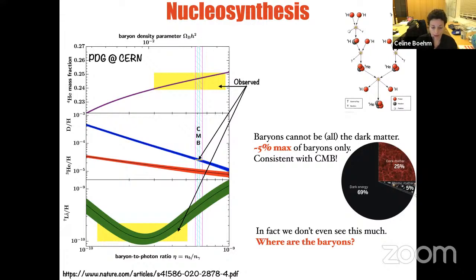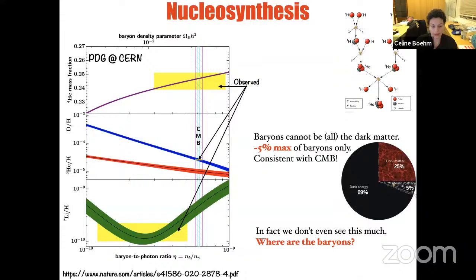So by looking at the ratio of the number density of baryons to photons, you're also making a discovery to some extent about what happened to the baryons and the complexity of the story of the universe as it evolves.